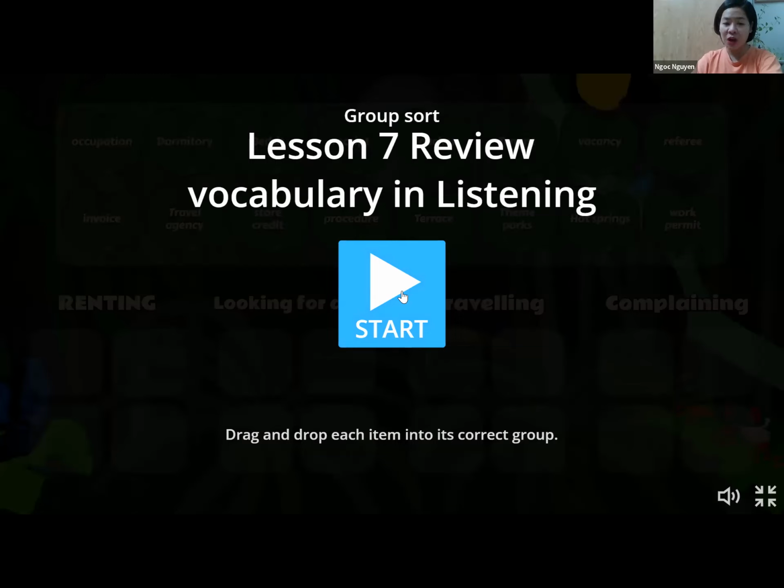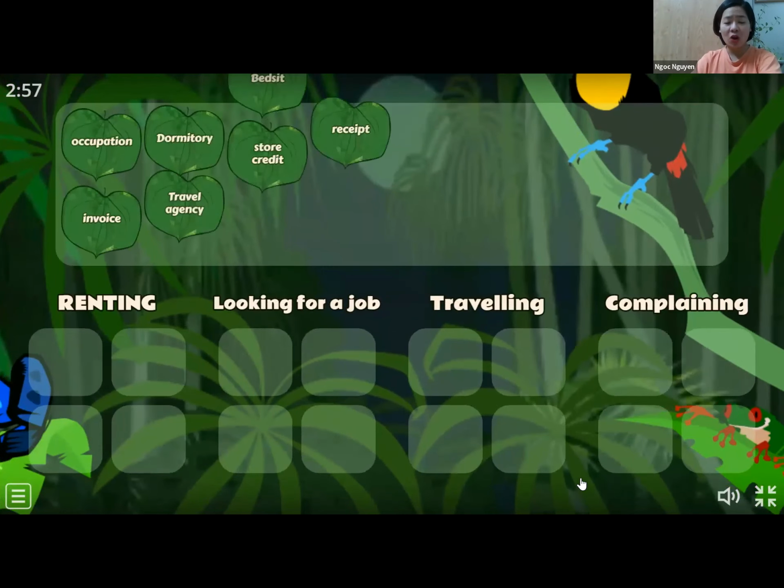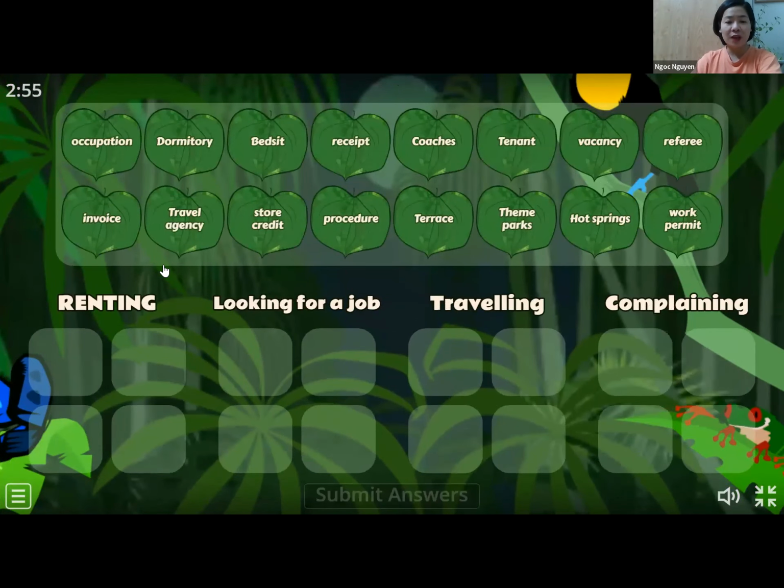Hit the button start. And then you will see 4 categories, which are the 4 common topics in IELTS Section 1 or Part 1. You will need to look at each of the words here and put it in the right category.